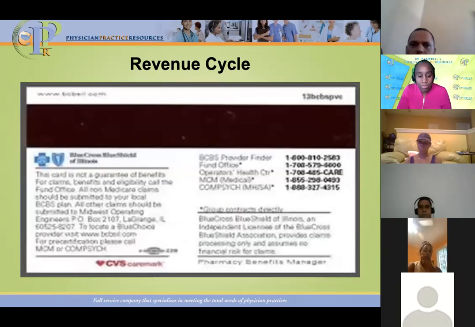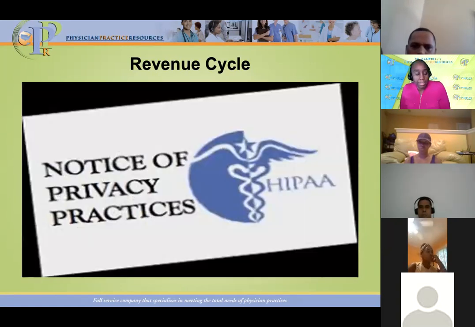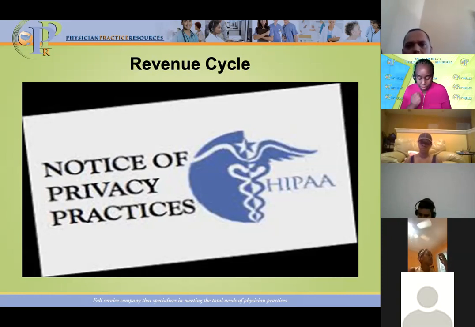Other forms that we give the patient during patient access: the notice of privacy practices. What's the purpose of this notification? Letting them know the information is confidential. Anything else?